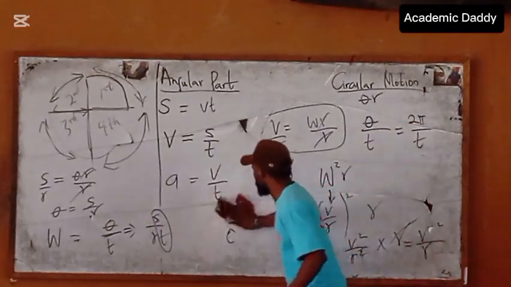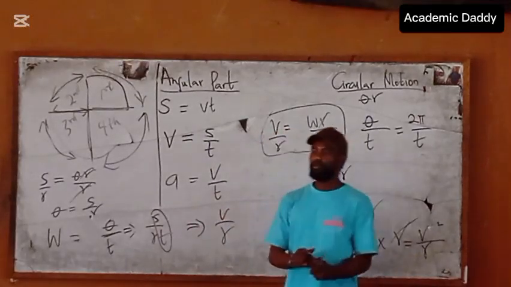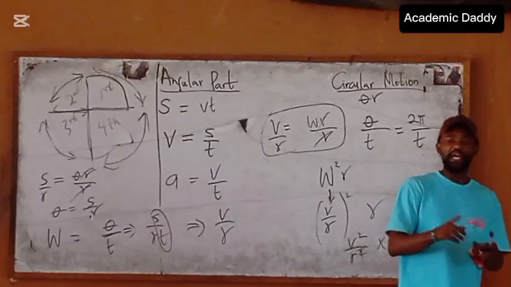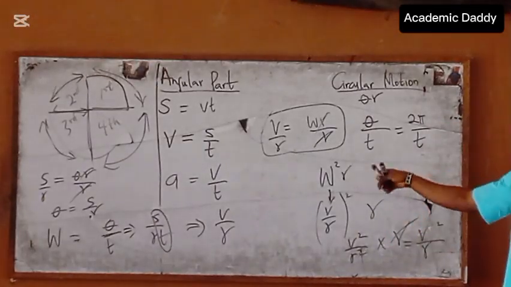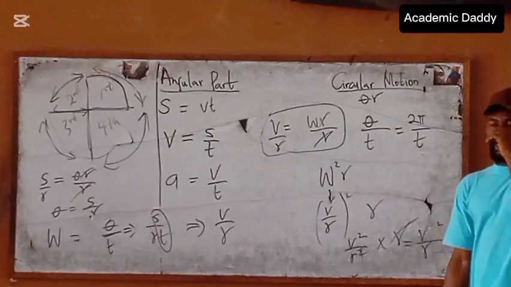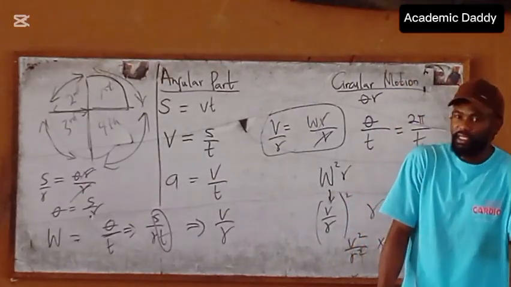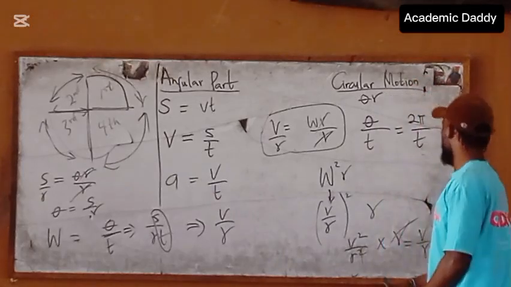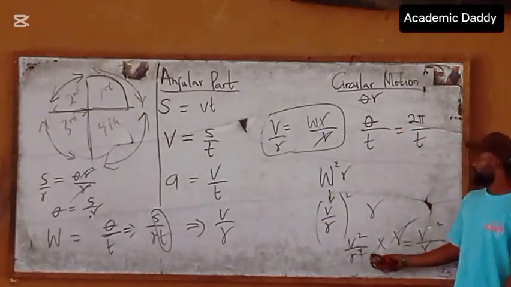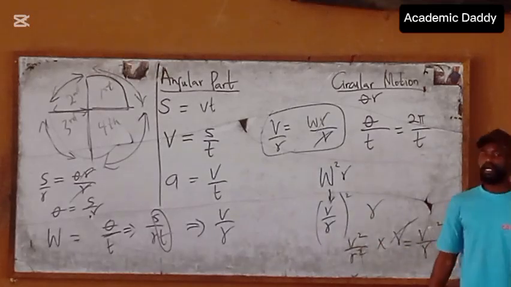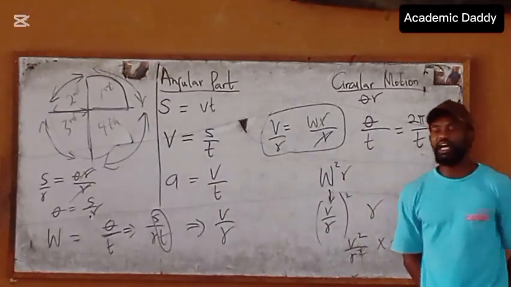So that means this is the same as saying V over R. So whichever way you go about it, this is how you get that W is equal to V over R. Notice that everything we are doing is comparing the linear part and the circular part. So when you get this, if we now substitute, we should be able to get V squared over R. It's not hard.